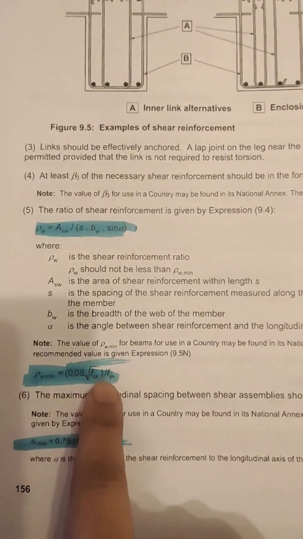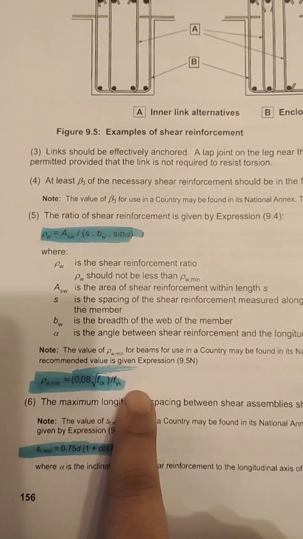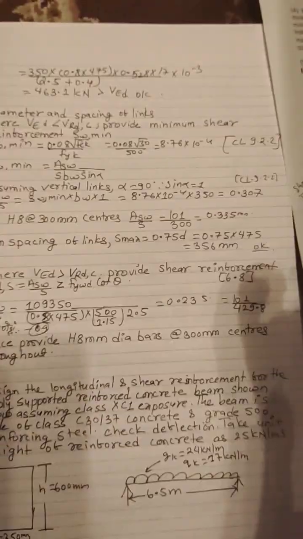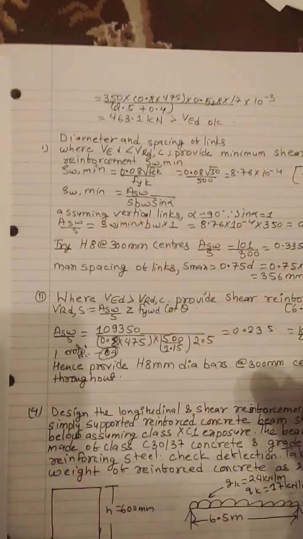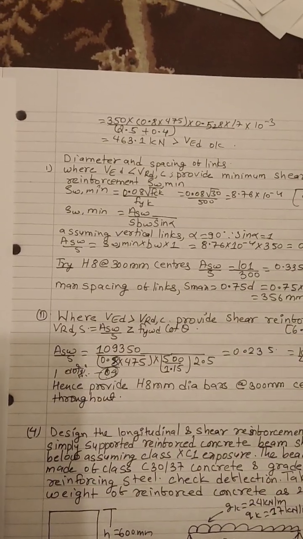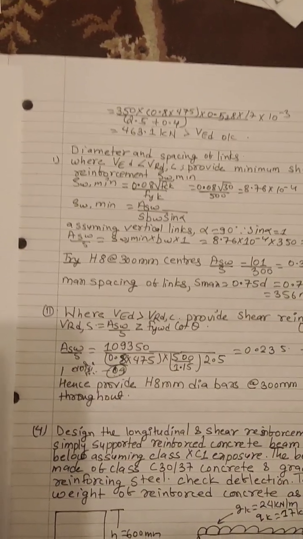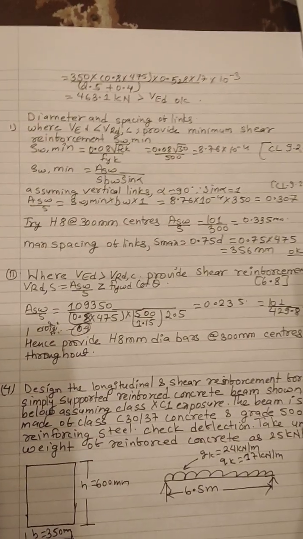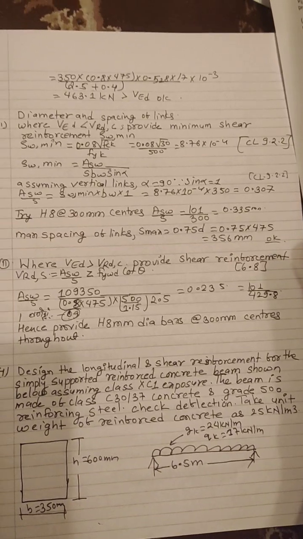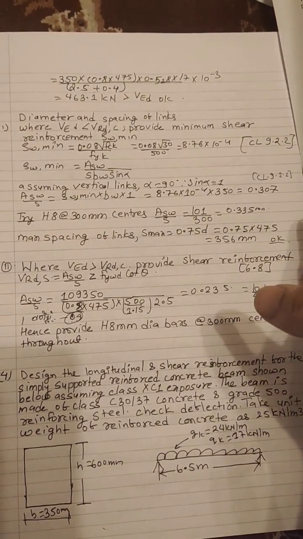SW minimum is 0.0 FCK, and we have taken everything, and by that formula we calculate the minimum shear reinforcement. Okay, and max spacing of link is 0.75d, 356, so we provided 300 mm.